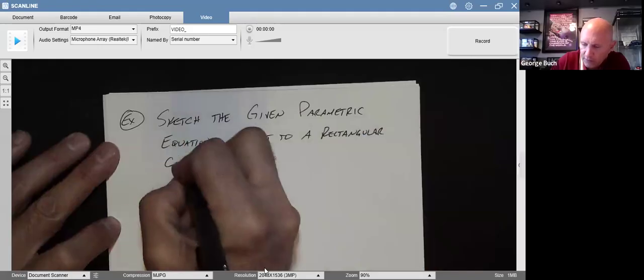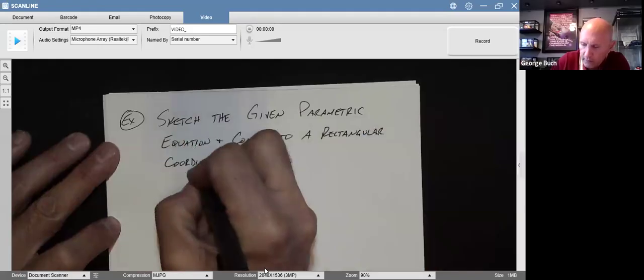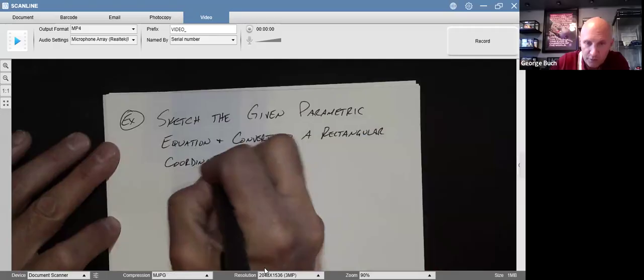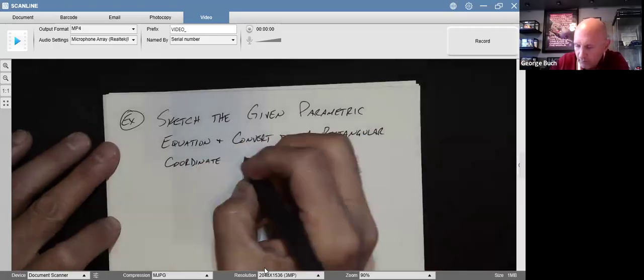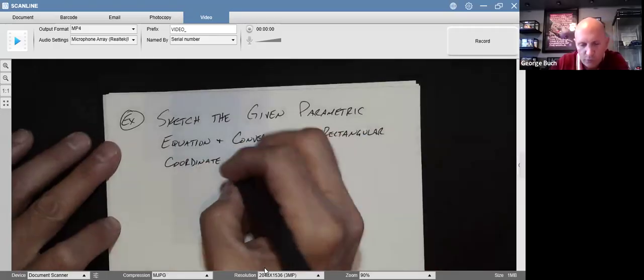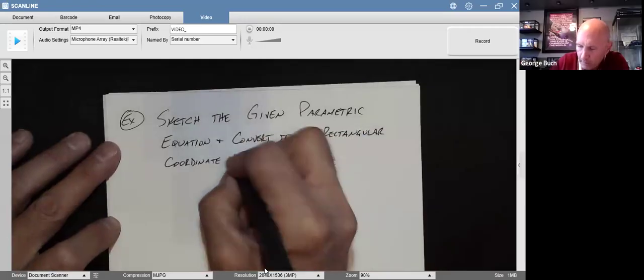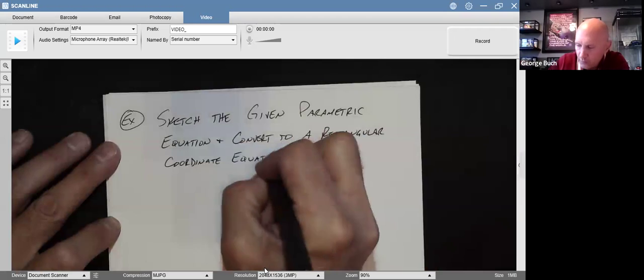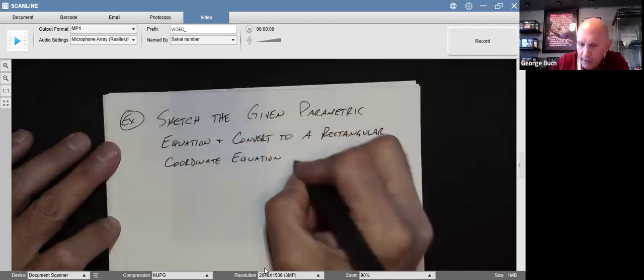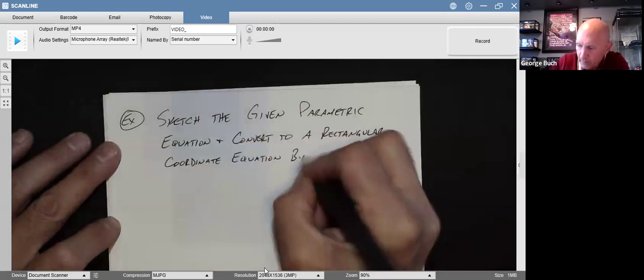And that's just a fancy word for an equation with x, y's, and square roots and squares and all that kind of stuff. So get rid of the t. So eliminate the parameter.